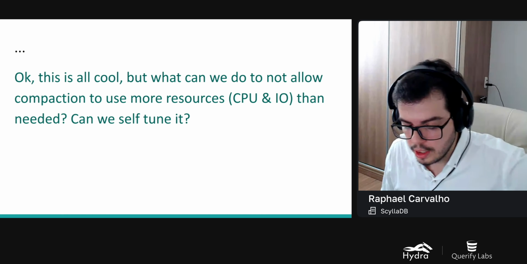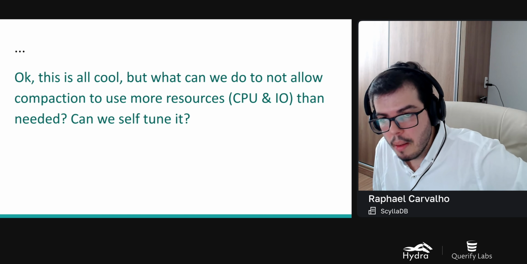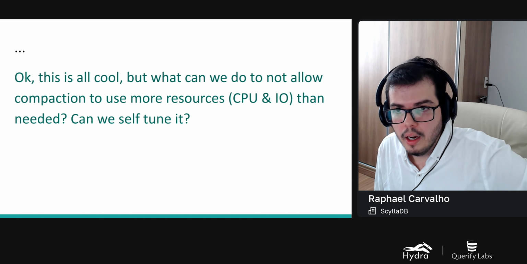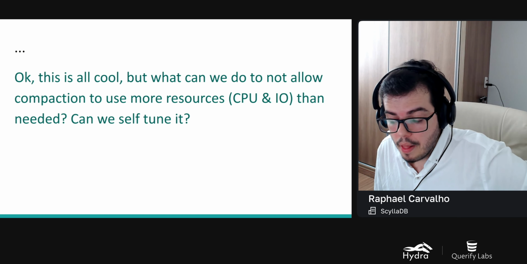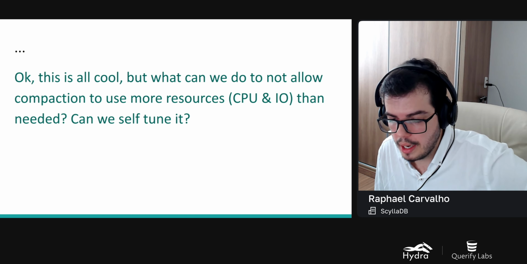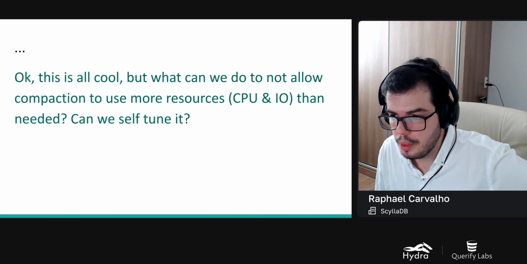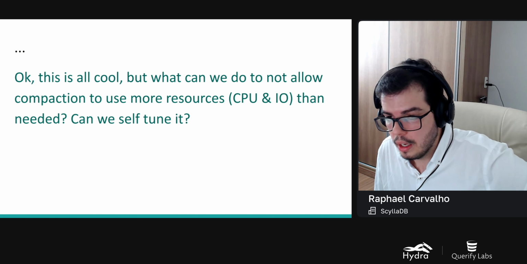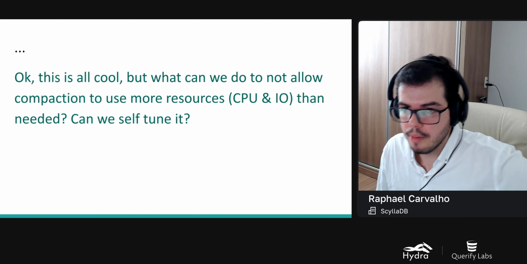That would cause latency issues, because compaction would steal resources from the foreground requests, like commit log, repair, and so on. It could be reads and writes from the user through the driver. So it starts bringing problems.